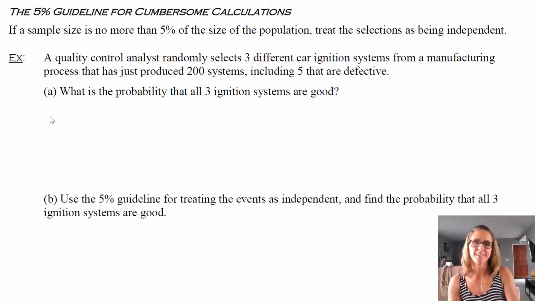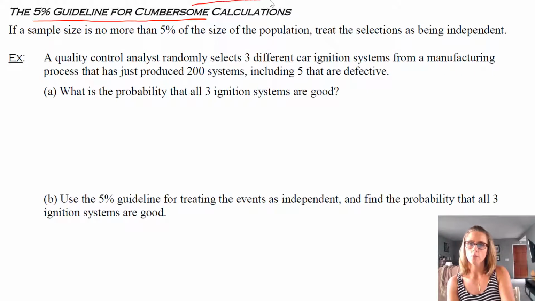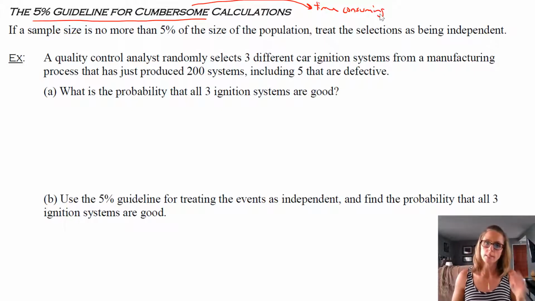That leads us to the last problem, the 5% guideline for cumbersome calculations. Another word for cumbersome is typically, I actually have this in the orientation, time consuming would be one way to say it. So this guideline can actually help us do certain problems.